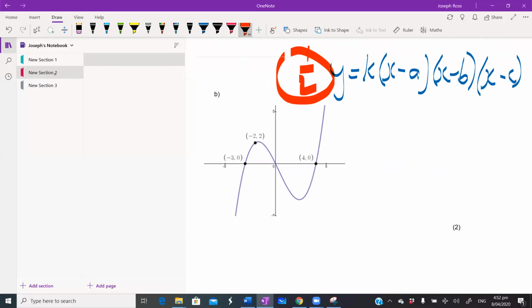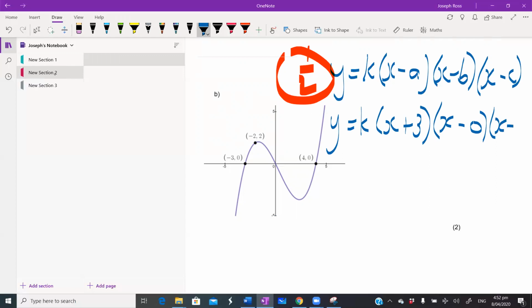Now we need to put in the values of a, b, and c, which are our x-intercepts, which are -3, 0, and 4. So if we put in our x-intercepts, it's going to be k times (x minus -3), so x plus 3, and then x minus b is x minus 0, and then we've got x minus c, which is x minus 4.